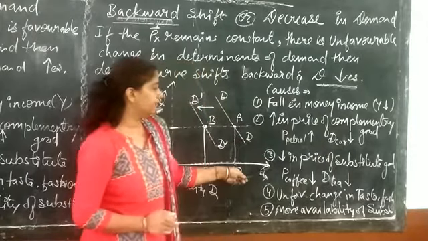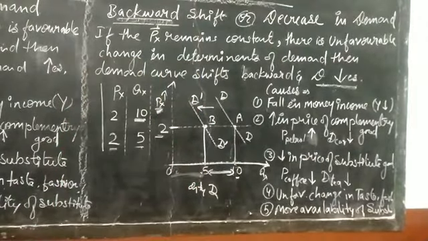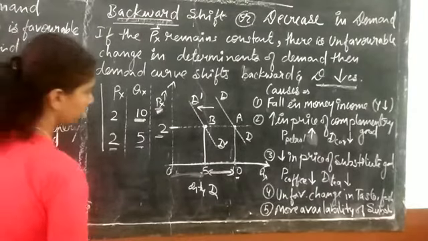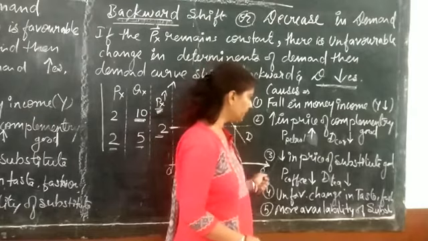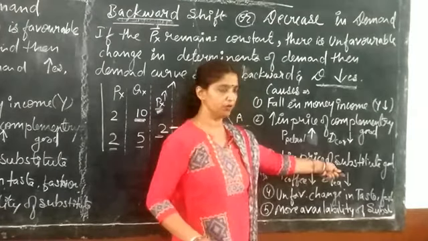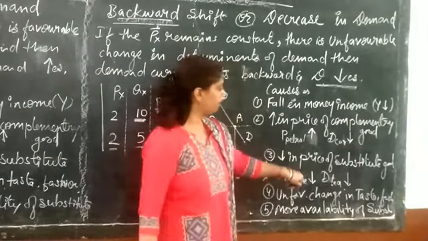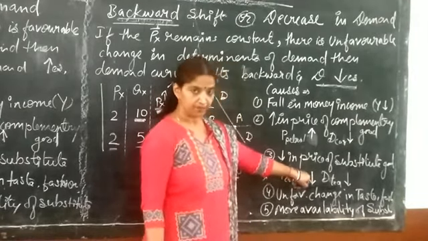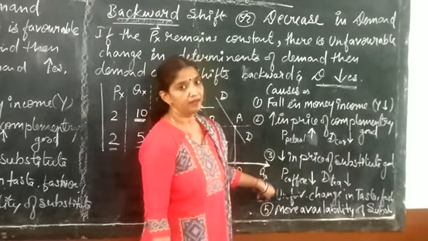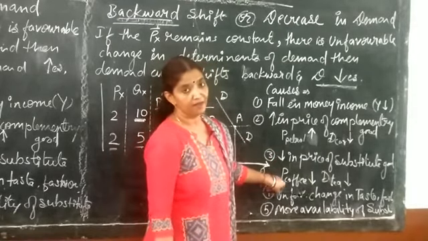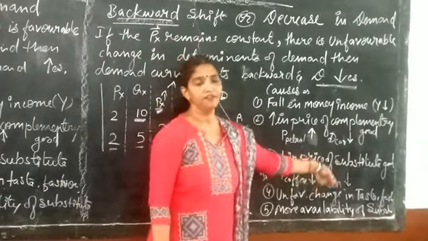Other one is substitute goods price. Next is effect of substitute goods price. If there is fall in price of substitute good, for example tea and coffee, and if we consider the demand for tea, then the substitute good coffee's price falls, and coffee will be available at a cheaper price than tea.